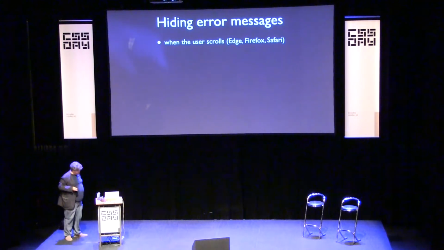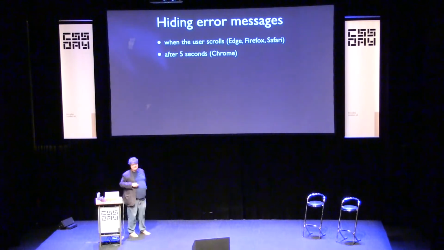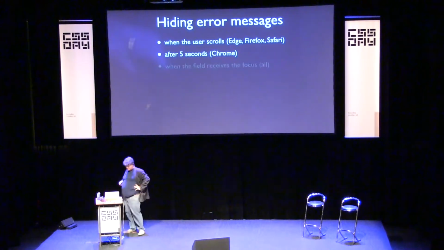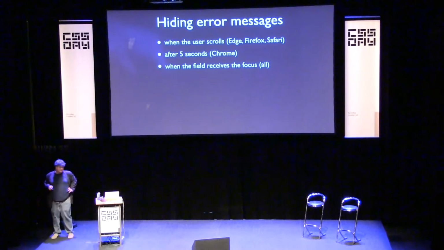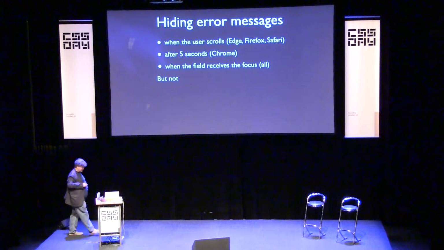Chrome does something else. It hides the error messages after 5 seconds have elapsed, which I suppose is better than scrolling, but not a lot better. Also, in some cases, the error message disappears when the field receives focus, though this is a complicated subject.